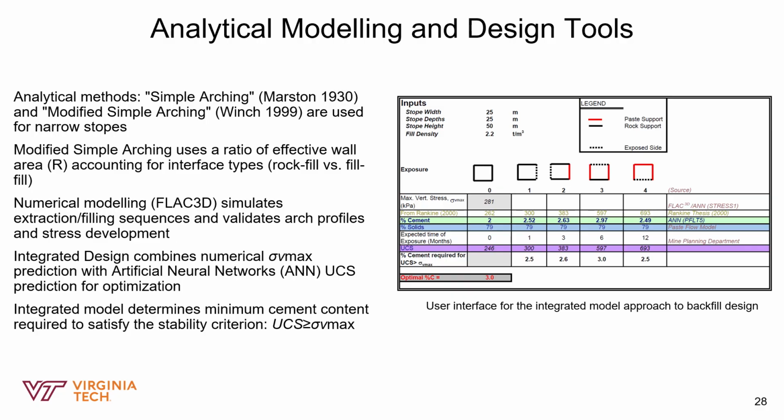It then tells us the optimal cement content, which is highlighted in red as 3%. It's telling us the optimal cement content required to ensure our strength meets that of the stress, as in the UCS is greater than or equal to the sigma Vmax.